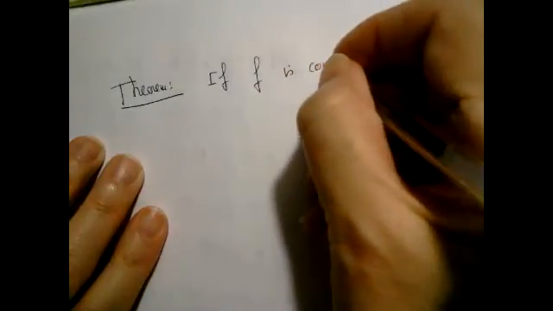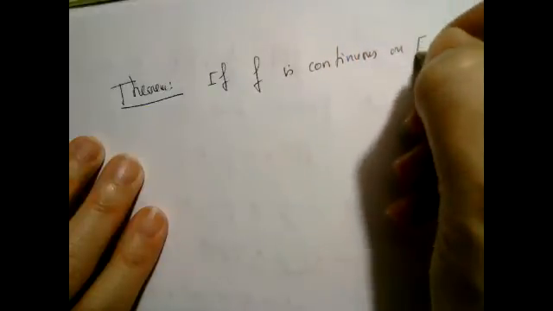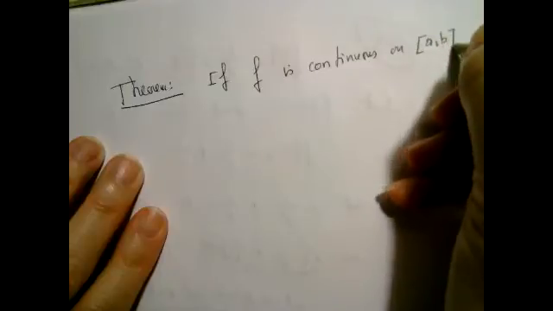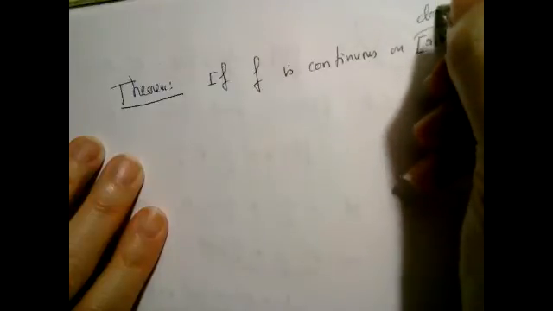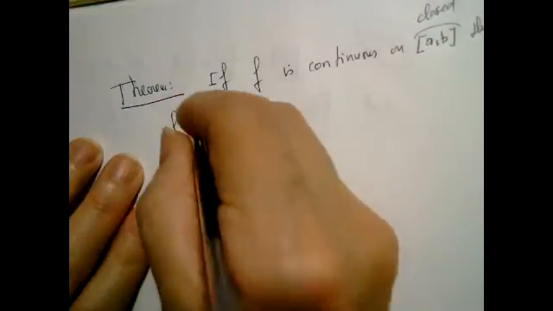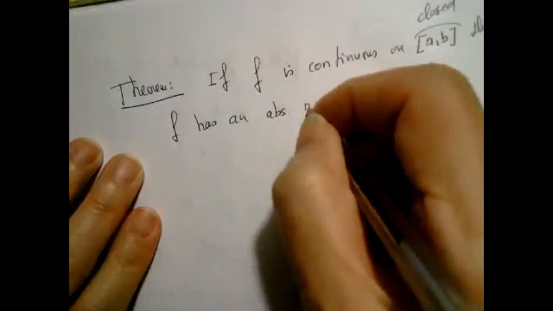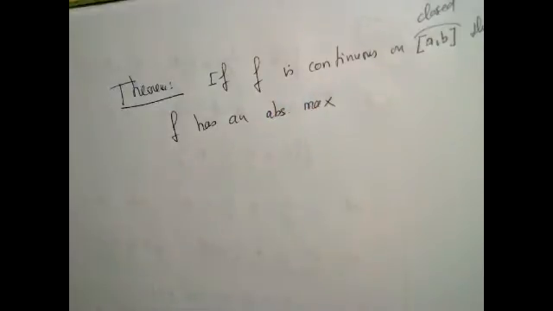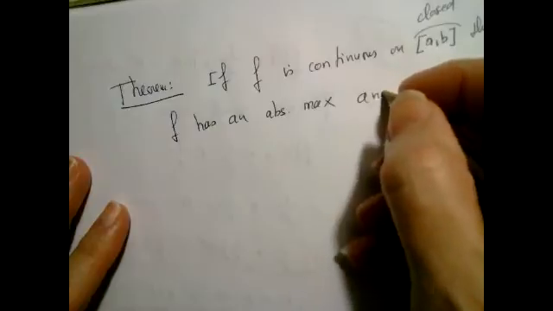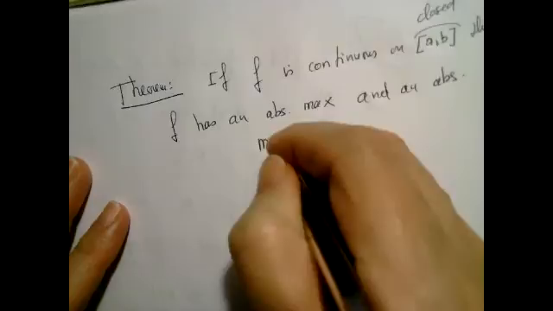There are no jumps. If f is continuous on a closed interval AB, so that's closed, then f has an absolute max and an absolute min on AB. So it will have to have it. There is no way out.